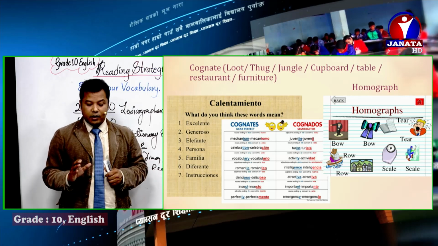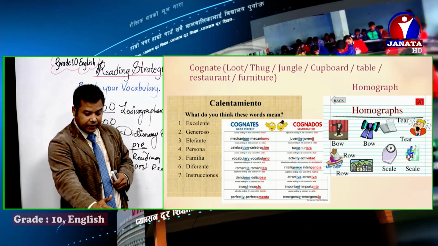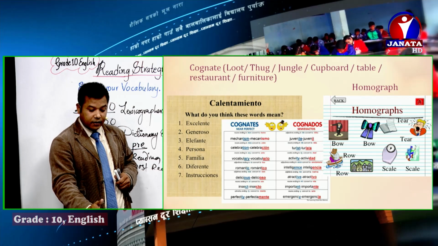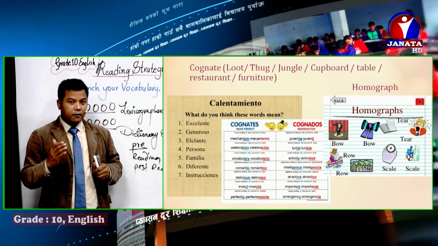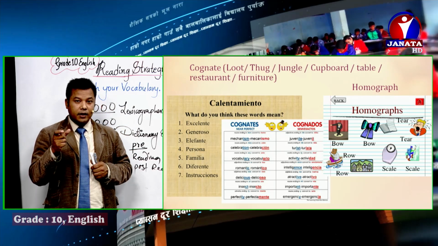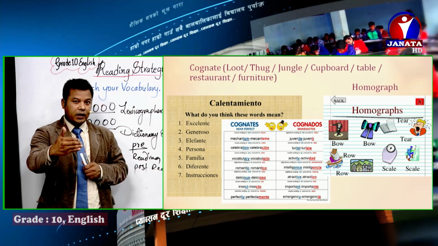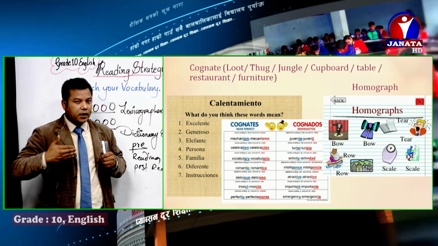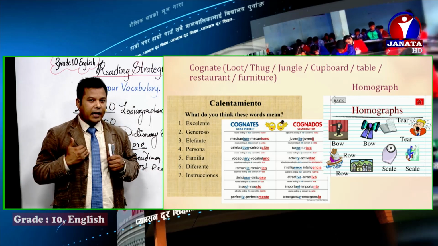So what is cognate is better explained in some of the more examples that I've given listed out here on your screen. You're talking about loot. If you're a Nepali language user, and you know the meaning of the word loot, if this loot appears in your English reading, you will somehow make your mind and try to feel that, this is what I know in my language.